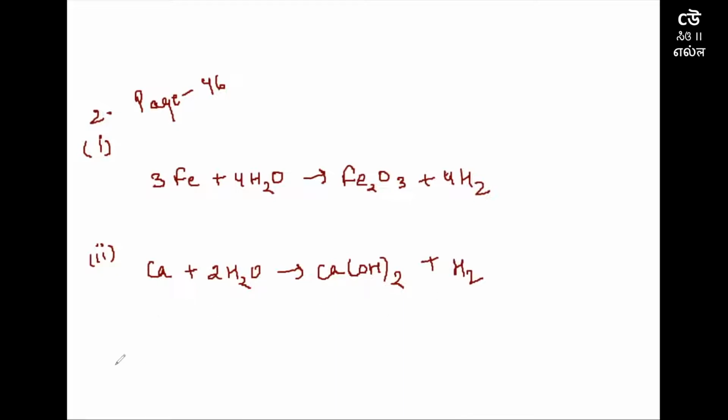Then we have the last reaction, which is what will happen if potassium reacts with water. Potassium, that is capital K, reacting with water, that is H2O. The product is going to be potassium hydroxide, that is KOH, plus there will be liberation of hydrogen gas.